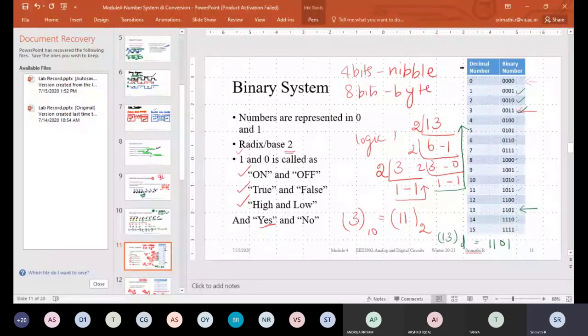How do we write it? If it is a whole number, you do repeated division, and then write the remainders in inverse order, starting from the last quotient. That is how we represent a decimal number in binary.